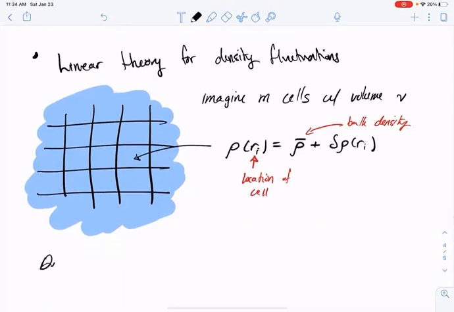Let's define a correlation function for the fluctuations that encode how the fluctuations in the density of one cell depend on the fluctuations in the density at another cell.